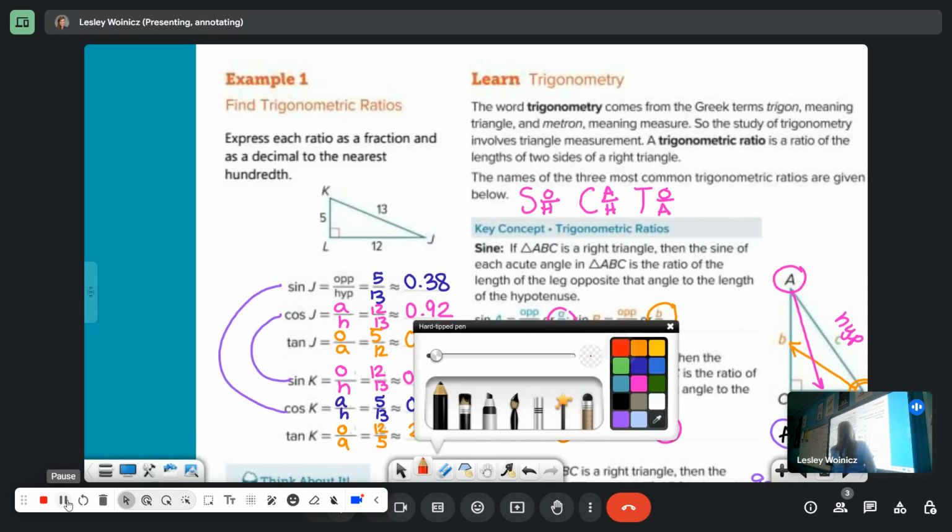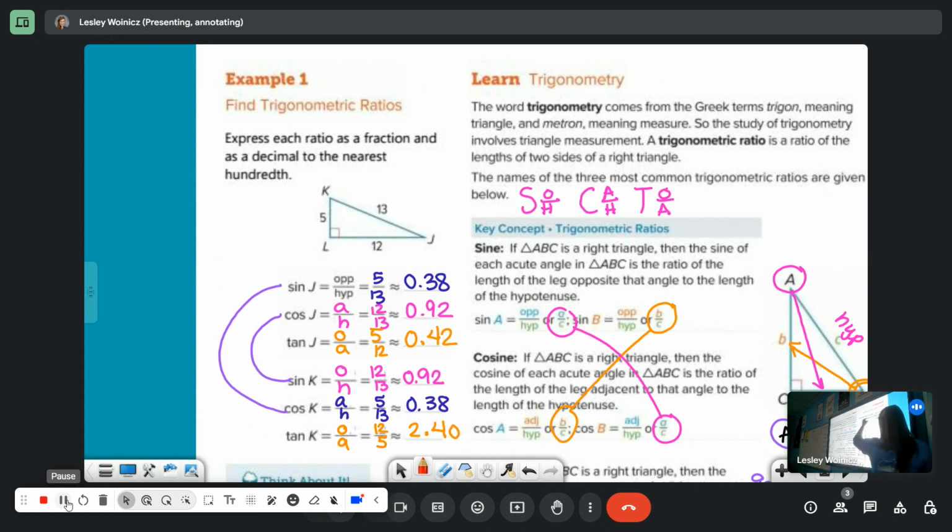So in this right triangle, if I have a right angle, which I do by definition, then the measure of K plus the measure of J, if you add those together, you have to get 90, right?